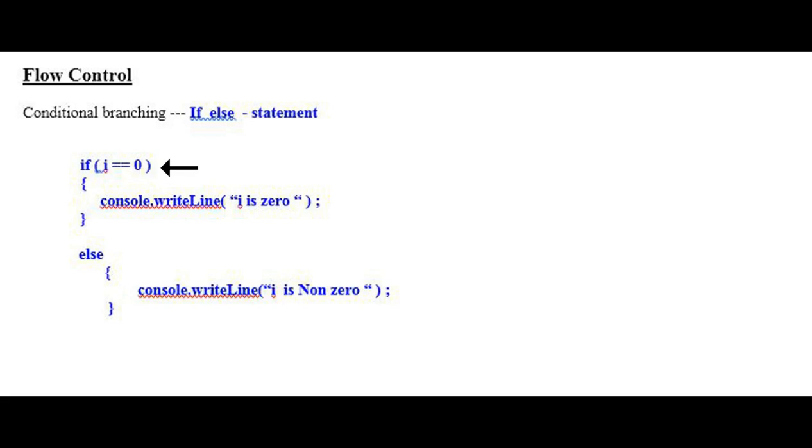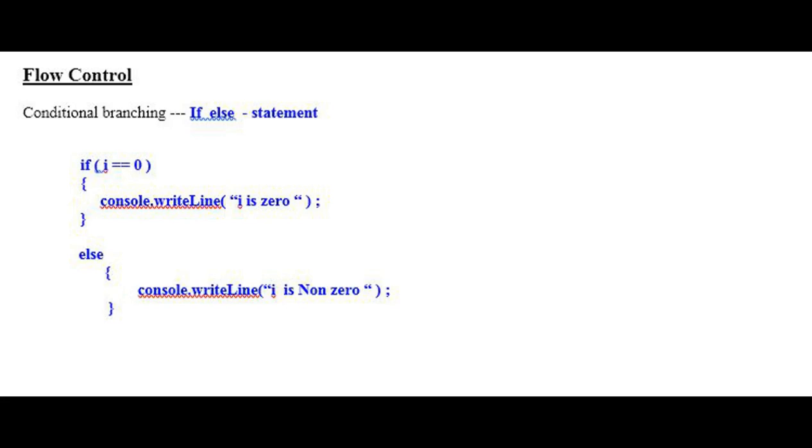If i does equal 0, then the if part of the code will run, so this Console.WriteLine("i is 0") will run. If, however, this condition turns out to be false, i.e. i is not equal to 0, then only the else part of the code will run, and so the Console.WriteLine("i is non-zero") will be run.